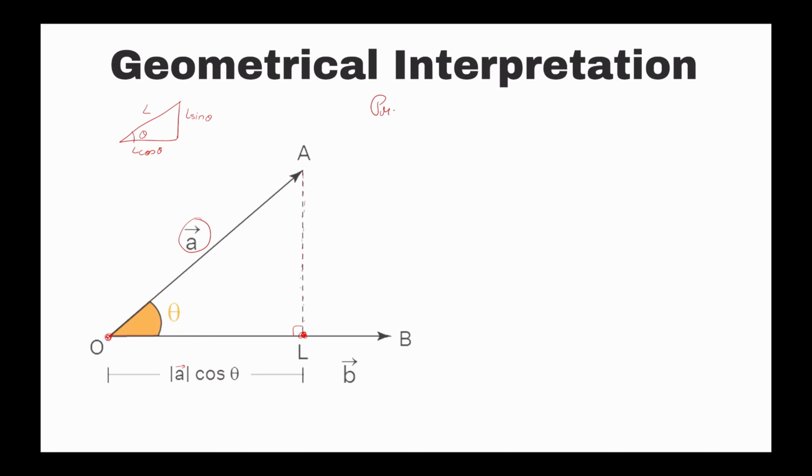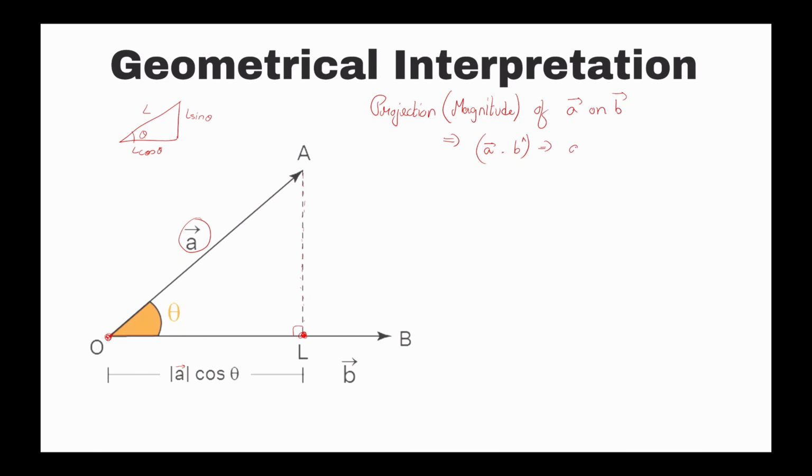So let me write it down for you. Let's say I need to find out the projection, just the magnitude, of A vector on B vector. Then what is the formula for my projection of A vector on B vector? It is going to be A vector dot B cap.